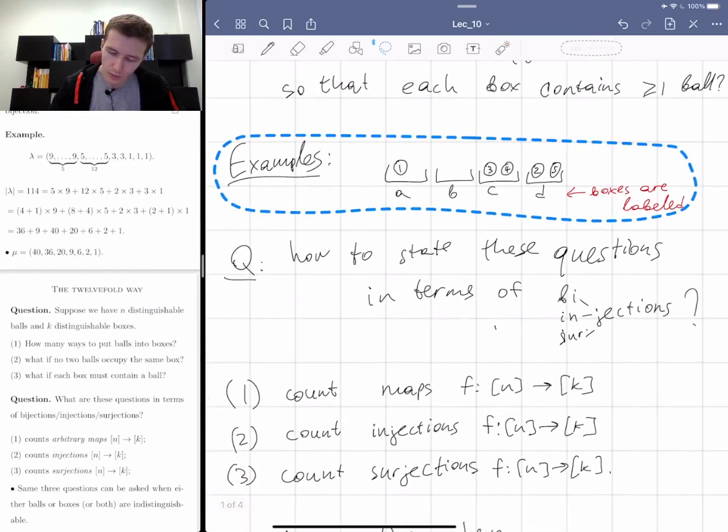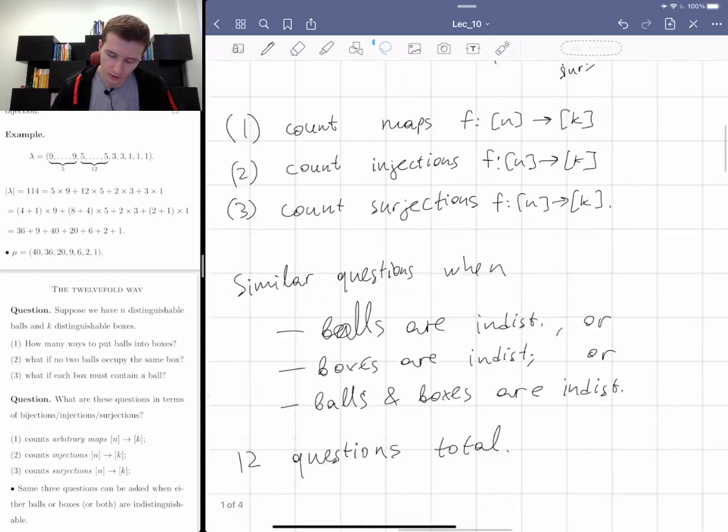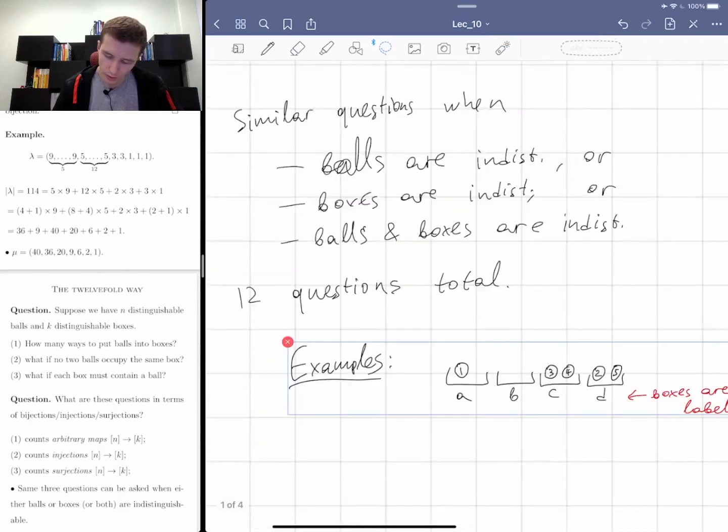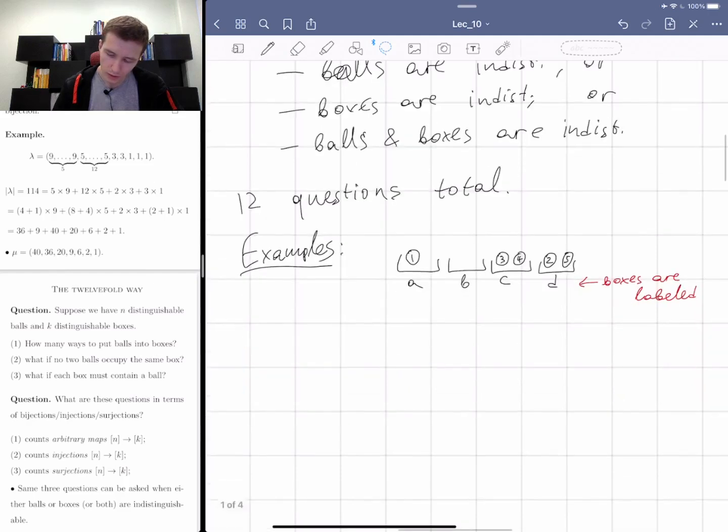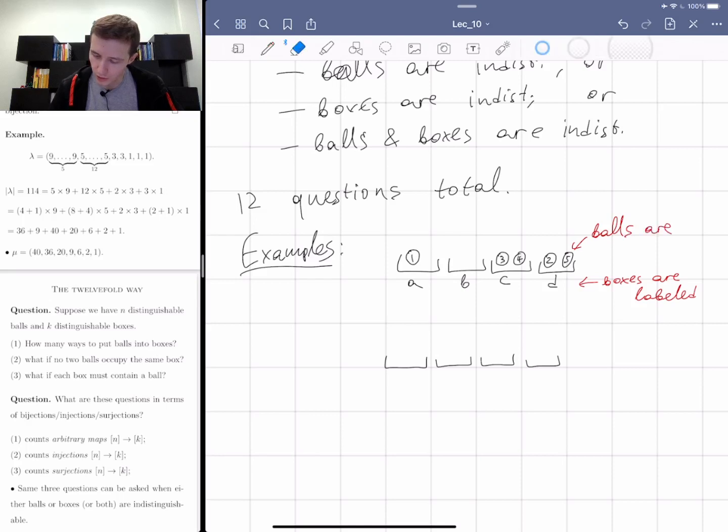Now let me give you more examples of what I mean by distinguishable and indistinguishable, although it's probably very clear. The first example is where everything is distinguishable: boxes are labeled and balls are distinguishable.